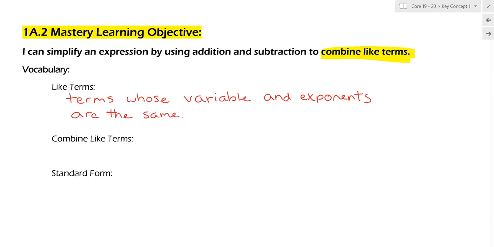When you combine like terms, all you're really doing is you add or subtract, whatever it says for you to do, the coefficients.